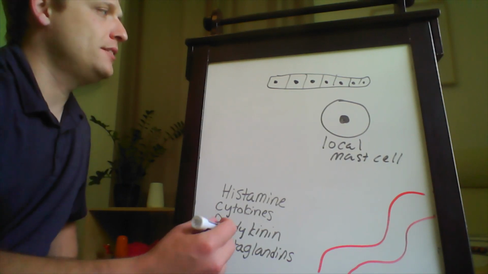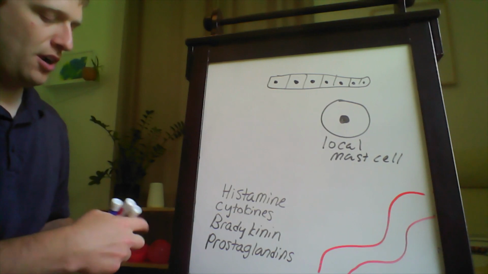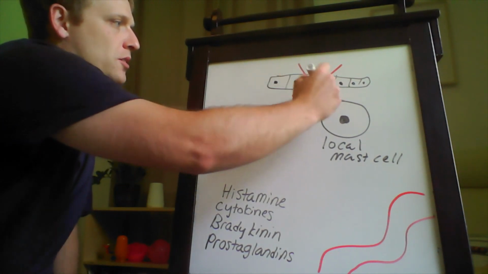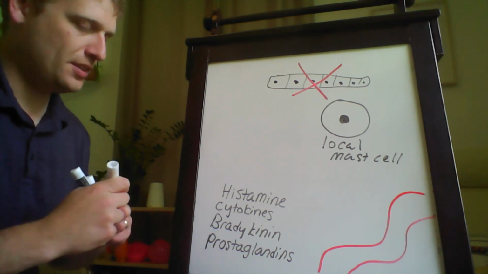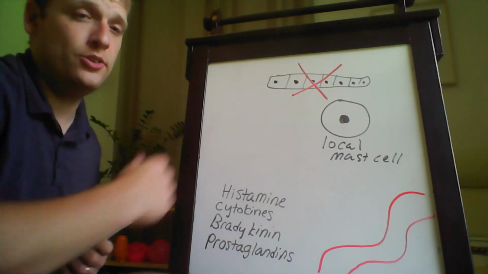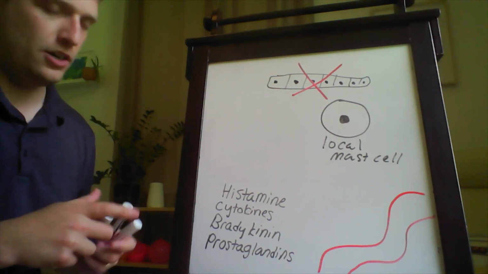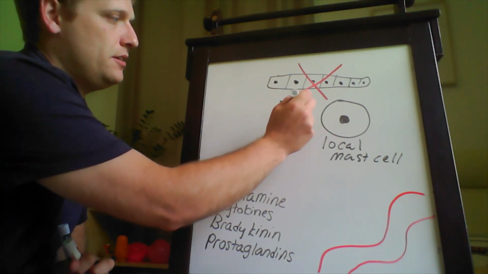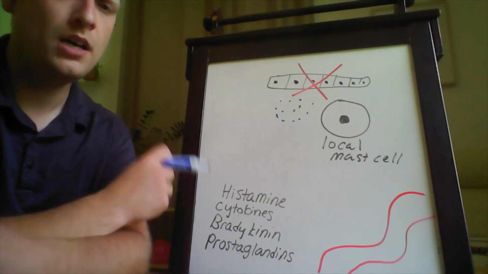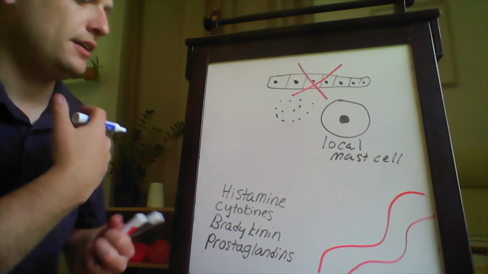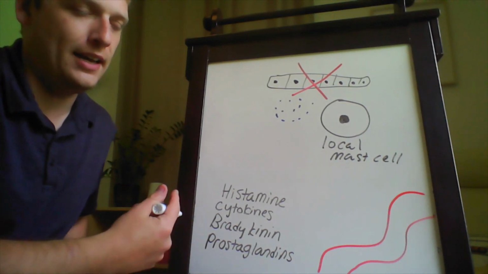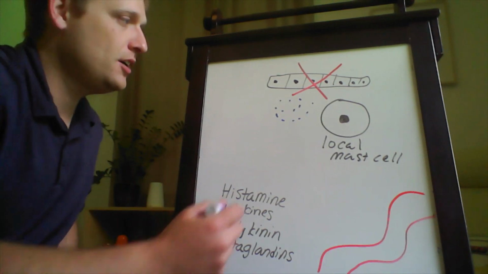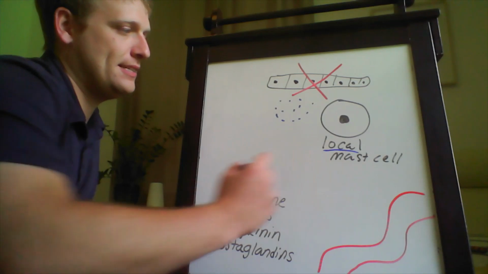So let's imagine that you have some trauma, let's say a burn, for example. You burn this tissue, and that's going to do damage to these cells and cause them to release their own inflammatory mediators. Those cells are ruptured and release these inflammatory mediators that serve as a signal to these local mast cells.